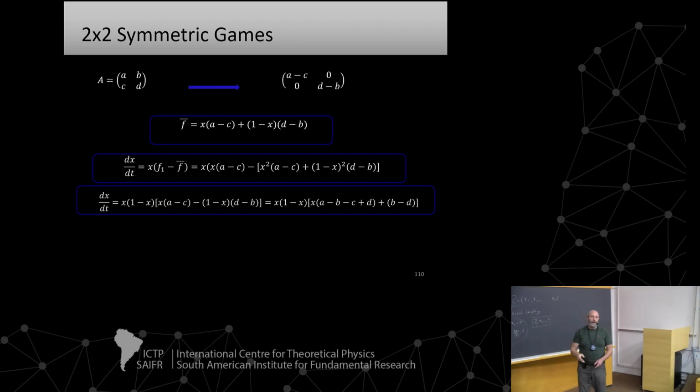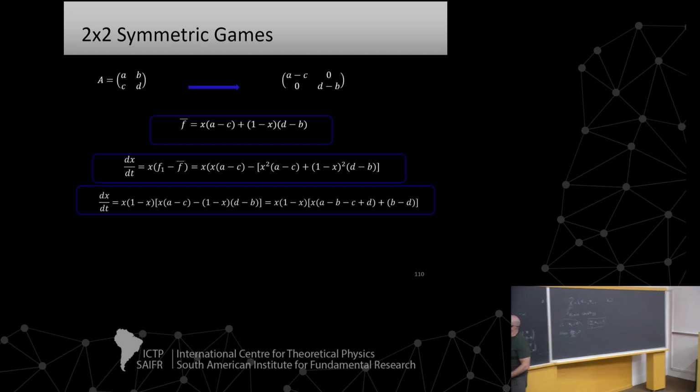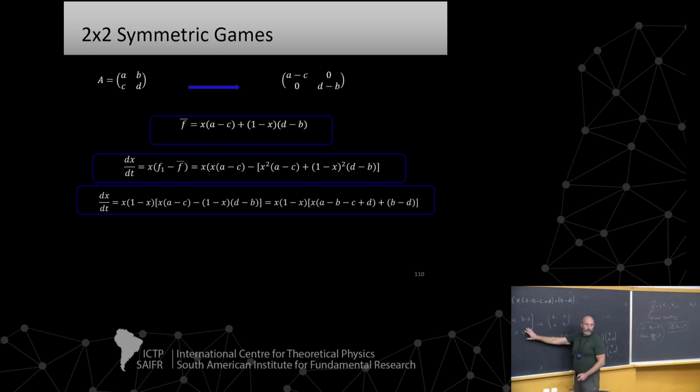I am not exploring all of them. I'm just exploring this operation. And what I have shown you is that by doing this operation, the replicator dynamics for the original game is equal to the replicator equation for this game. These are different games, but the dynamics is the same. And this is the property I am exploring. Okay?